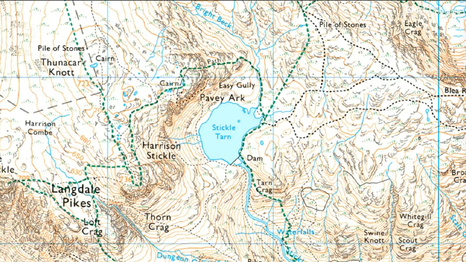Stickle Tarn, well, it's not really the right shape. We don't have those points. We've got one obvious flow coming out of it, another couple coming in and paths, but we don't have those pointed shapes on either side, so we're not looking at Stickle Tarn.